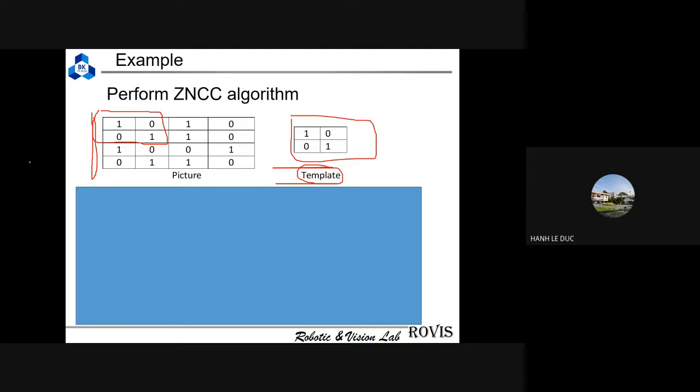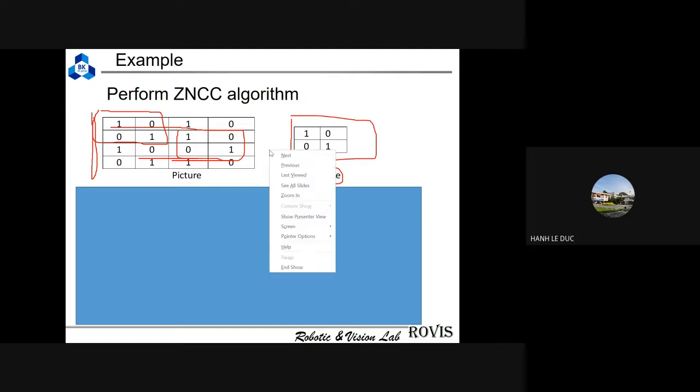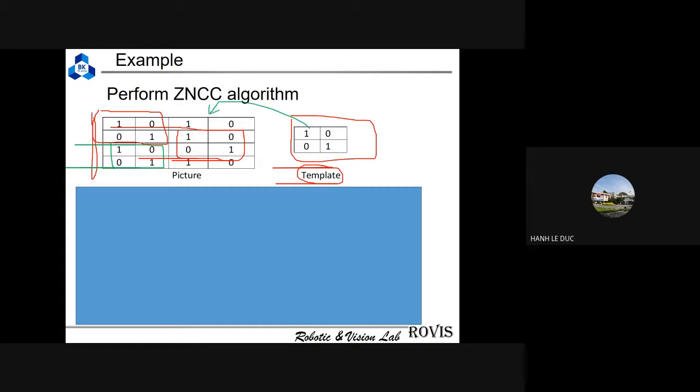That's 1. Is there another? Here, right? Is there another? Is it here? Okay, yeah. So when you apply the template on this picture, 3 positions will give you 1.